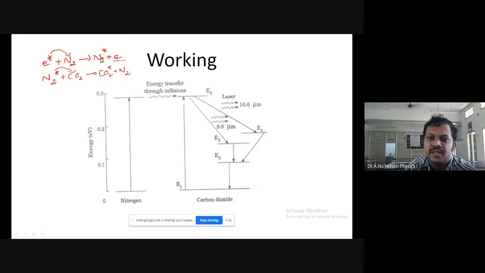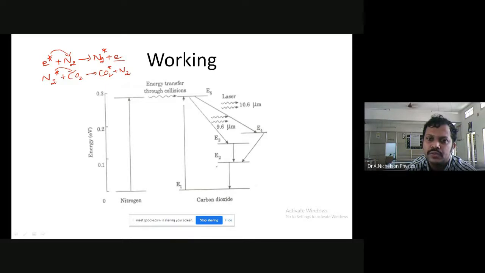Okay. Now what are the things happening? There are different energy levels, E4, E3, E2 and E1. Here E1 is mentioned as the ground state energy. In some cases it may be mentioned as E0, and the higher energy states as E1, E2, E3, E4.